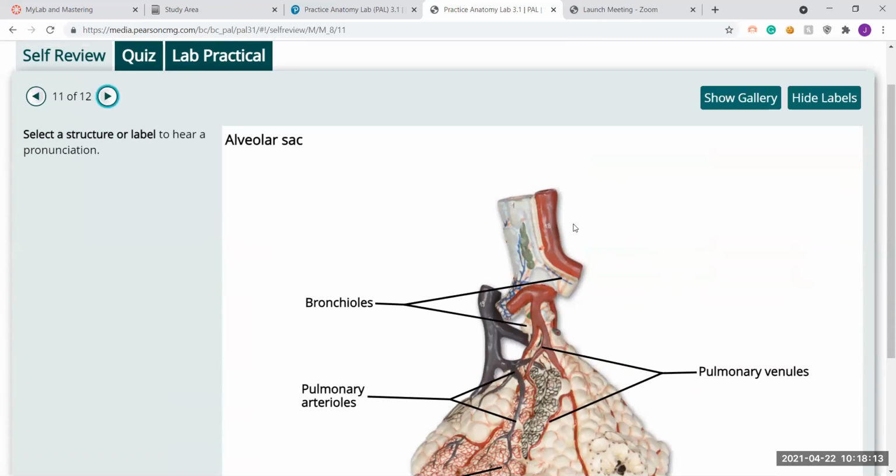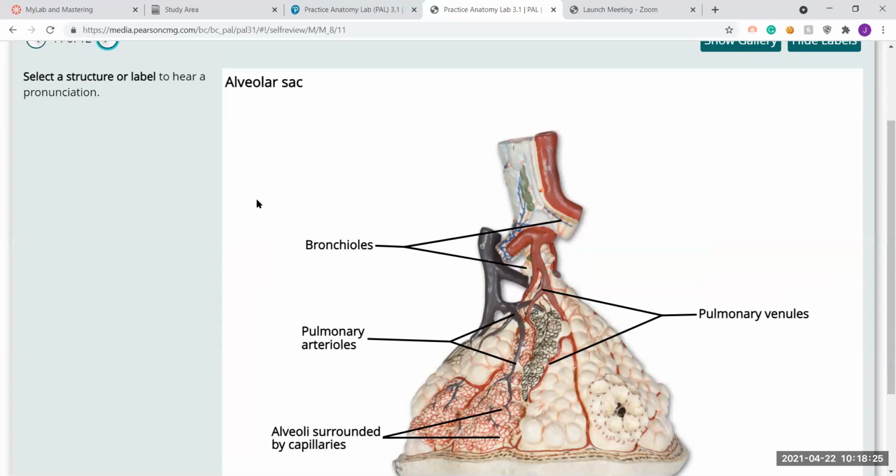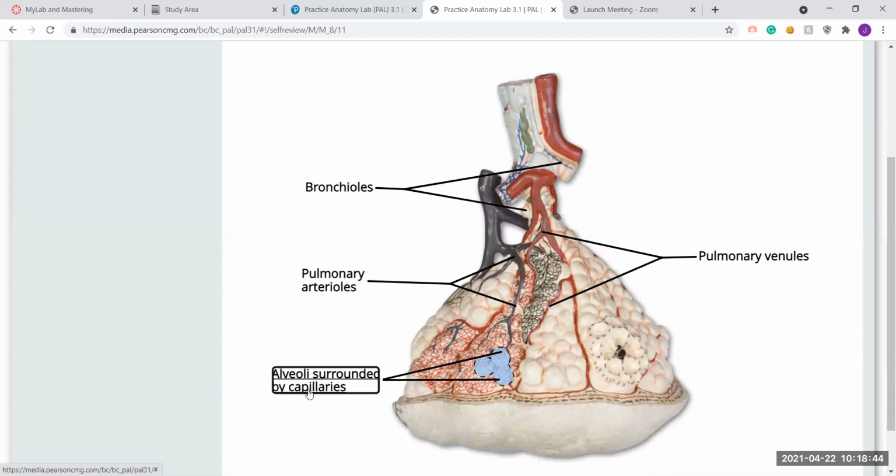Now, this is the highly magnified form of the alveolar sac. Respiratory bronchioles ultimately turn into alveolar sac. And alveolar sac contains alveolar duct and the alveoli. So here, the branching bronchioles become alveolar sac.